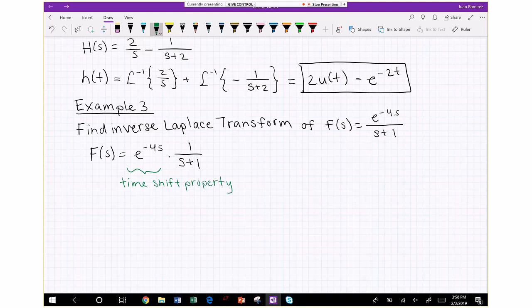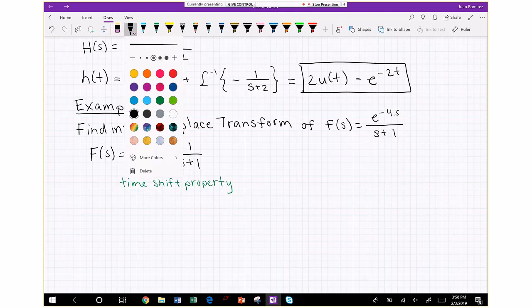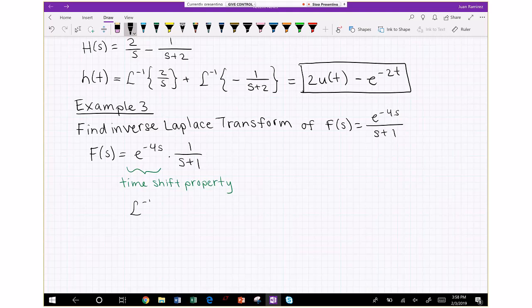And what I really want to find the inverse Laplace transform of is the 1 over s plus 1, which we don't have to decompose because it's already in the sort of decomposed form. We could tell that the associated time domain function for 1 over s plus 1 will be e to the negative t. Because we'll use the 1 over s plus a general form, the value of a is 1. The time domain function for that is e to the negative at. So there we have it.